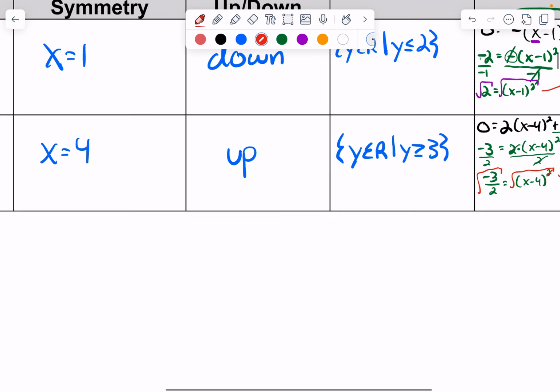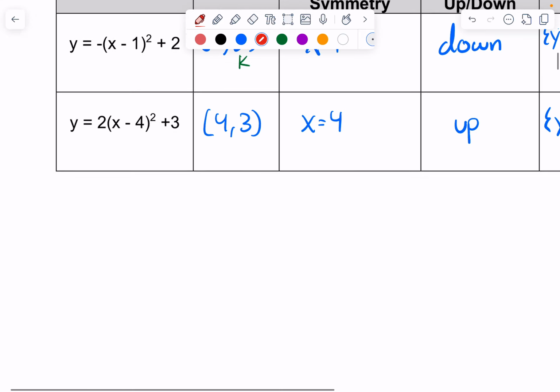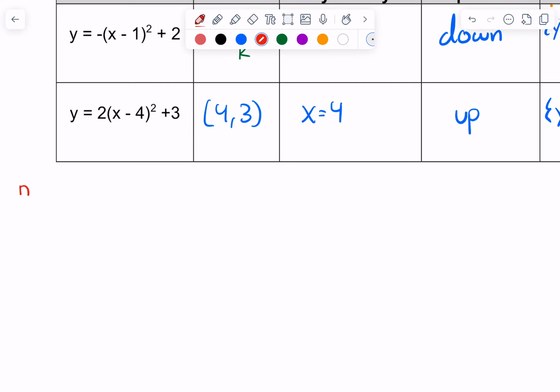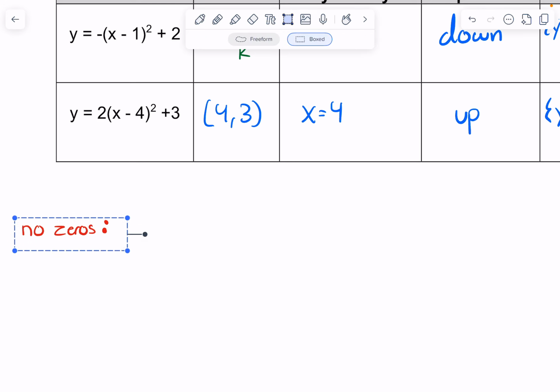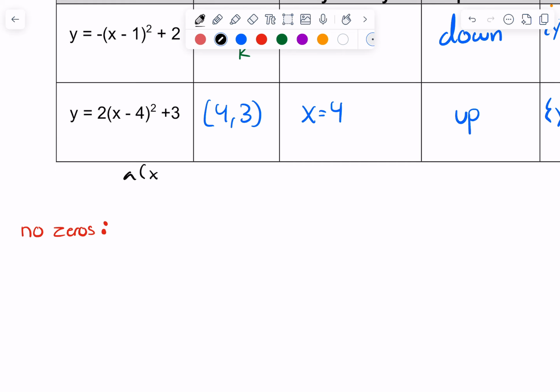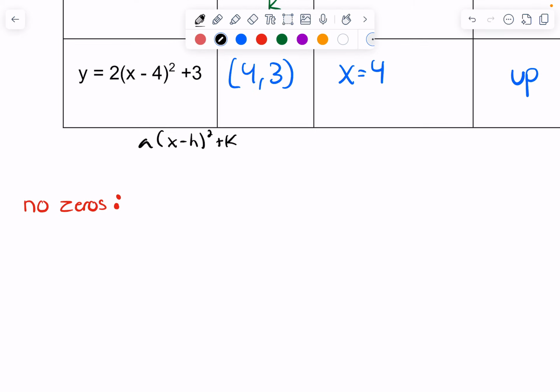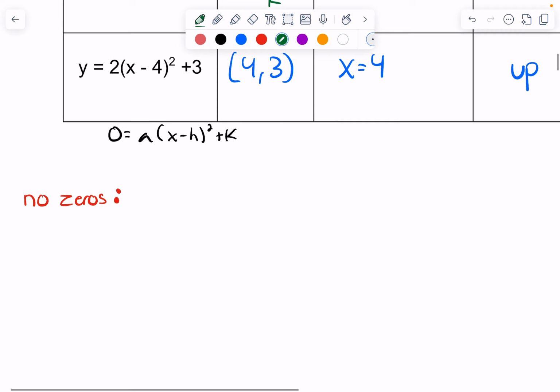Well, if we have our first scenario where we have no zeros, actually, let me just write the formula up top. If we have your a(x minus h) squared plus k, okay? So when we are solving for the x, the first step is to always bring the k over.